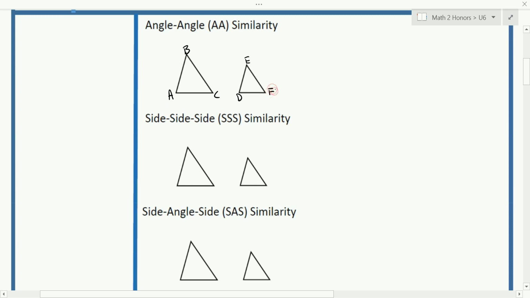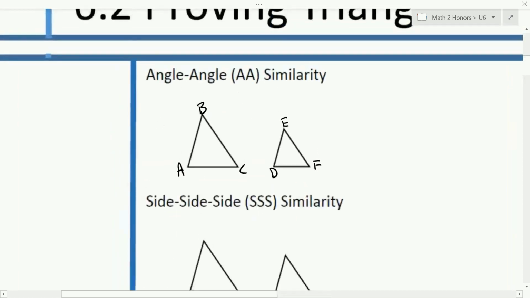And angle similarity is going to be the most useful and the most common and the most straightforward one. The one you're going to like the most too. It's the easier one. And it actually is a powerful one. So this is just saying, hey, if I know that angle A is congruent to angle D, and if I know that angle B is congruent to angle E, then that's all I need to say that these two triangles are similar, which means that the third angle is also congruent.